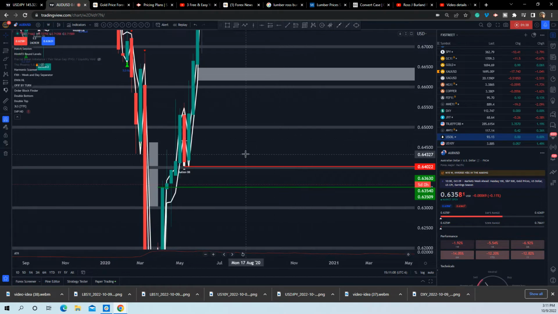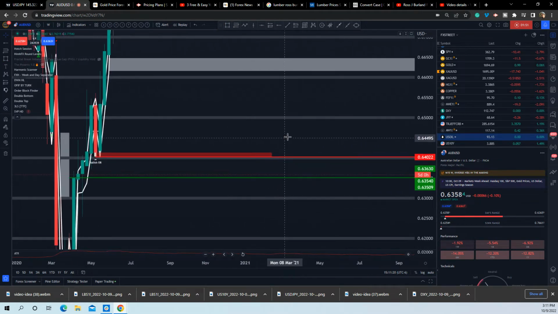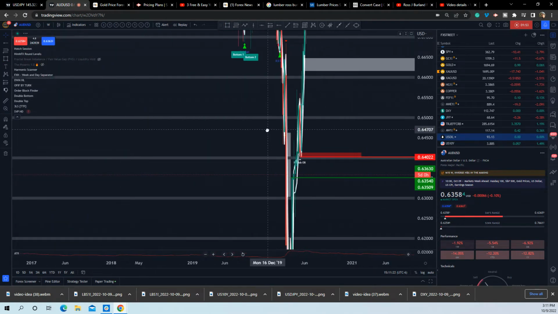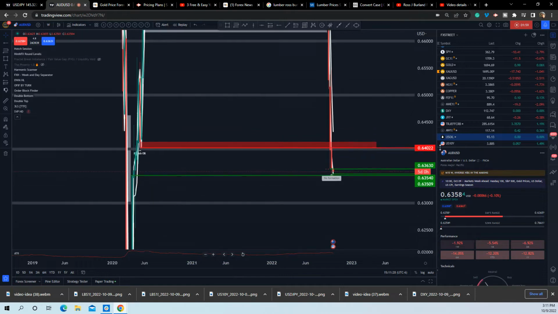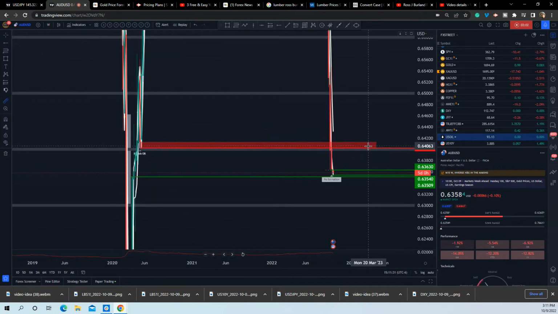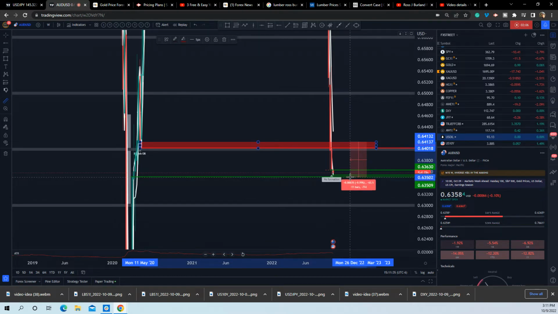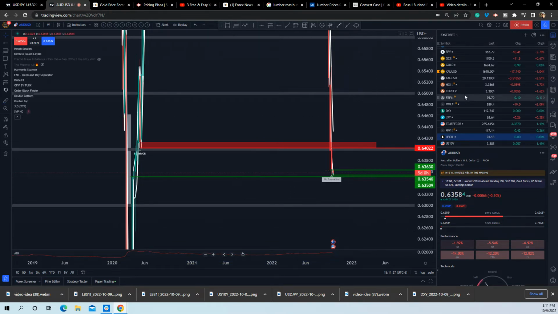Let's have a look. If we simply draw in these, that's where we're at. So we're in that box, and that box is around 65 pips.